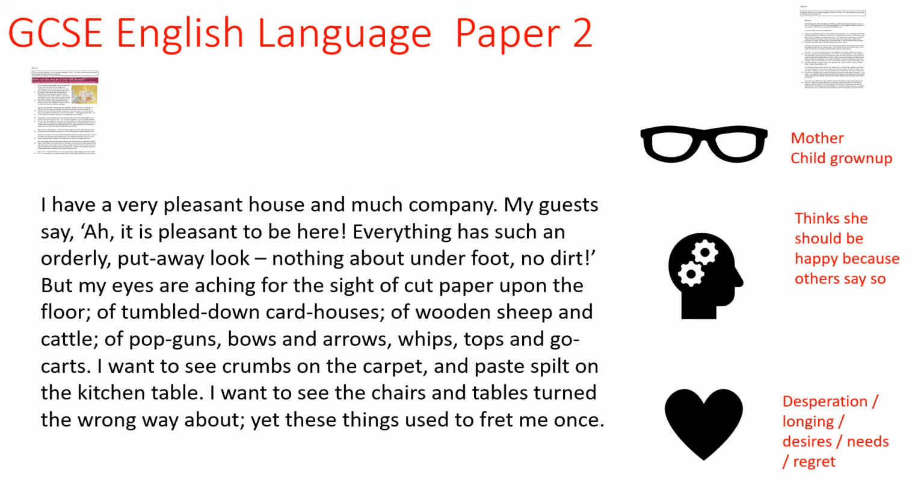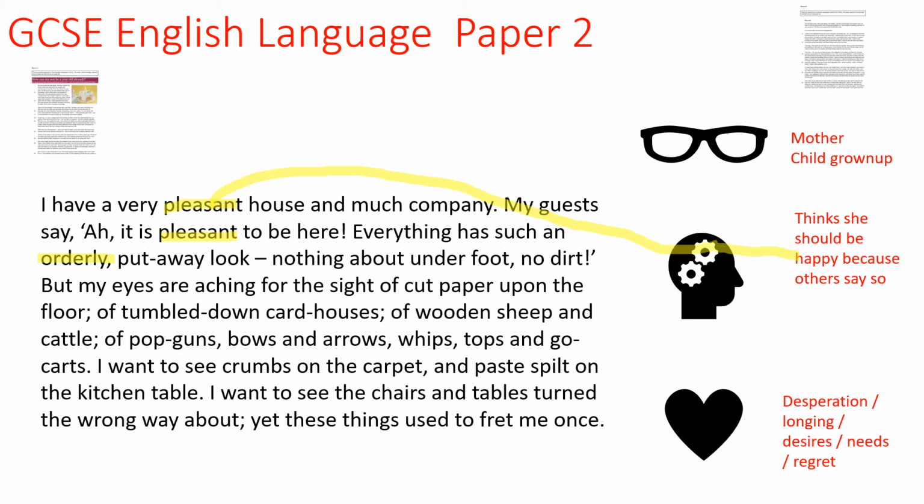Okay, so we've got this idea that she should be happy, and so we could use the word should. My guests say it's pleasant here. Everything's so orderly. Nothing underfoot. So we've got this idea of positive language, pleasant, so we can zoom in on that, and that links into this idea that she should be happy.